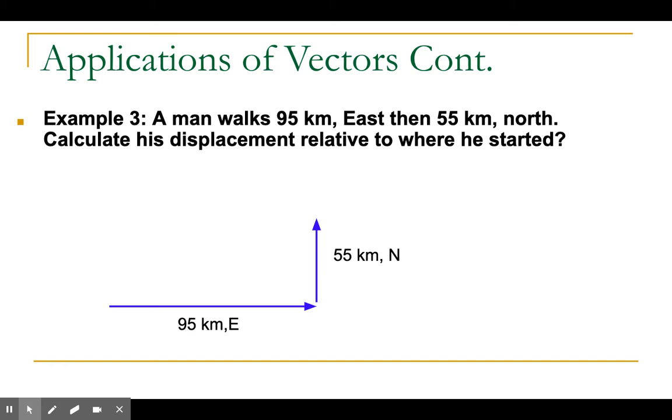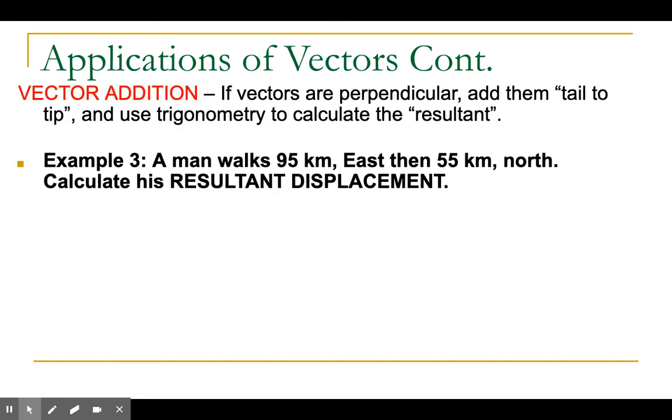This is still an example of vector addition. So in vector addition, if vectors are perpendicular to one another, we still add them tail to tip, but we use trigonometry to calculate the resultant, or the distance from where we start to where we end, just like we did in the previous examples.